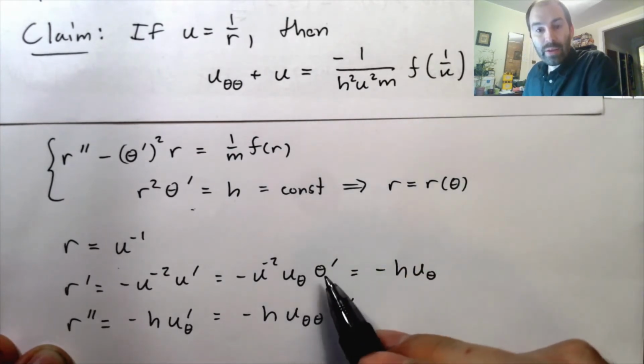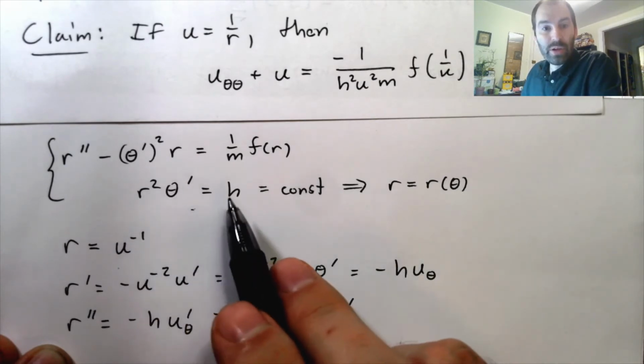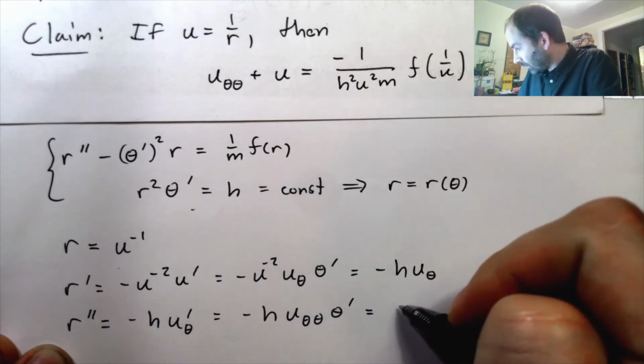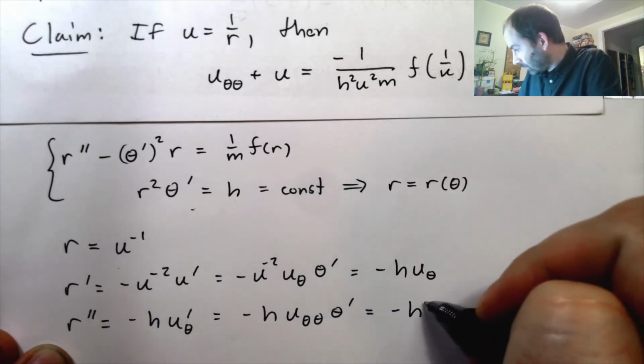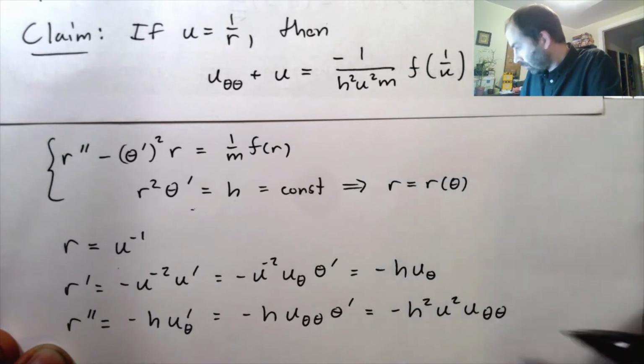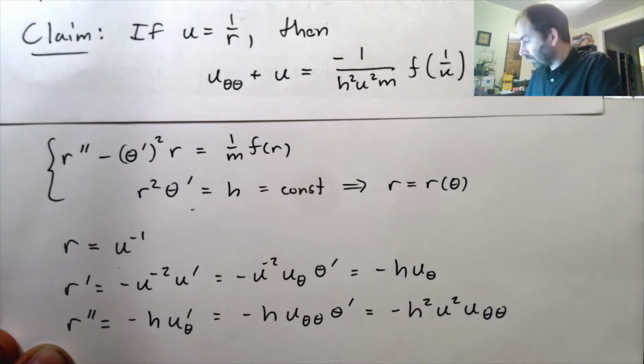But again, theta prime is equal to u squared h. Okay, so look at that.